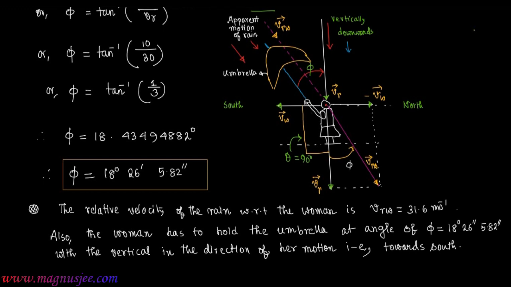If we assume that the woman is riding her bicycle from north to south, and south is the forward direction, then she has to hold her umbrella at an angle phi equal to 18 degree 26 minutes towards south in the forward direction. Phi is the angle with which the woman has to hold her umbrella in the forward direction, towards south, with respect to the vertical direction.